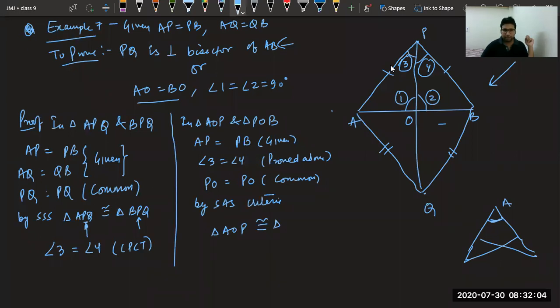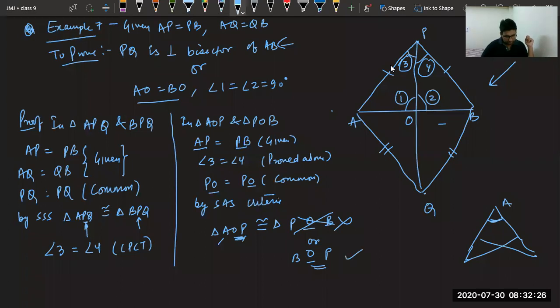Let me write the name correctly. AP and PB is coming, so A and P are first and third, so I will write P, B or B, P. Let me check which one is correct. PO equal to PO, so O will come here. Now OP is second and third, that means this is wrong.